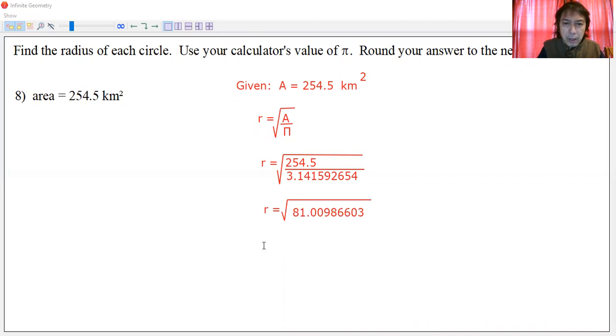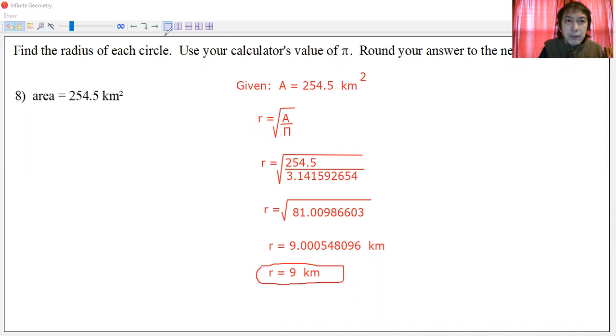And this is 9.000548096. There. Unit is kilometers. There. Now rounded to the nearest tenth, this will just be 9 kilometers. There. And that goes to our final answer for number 8.